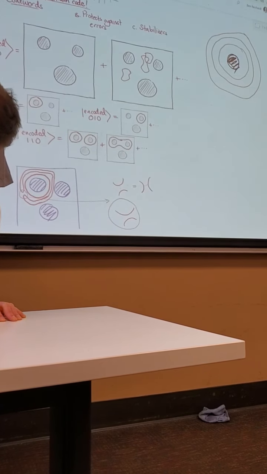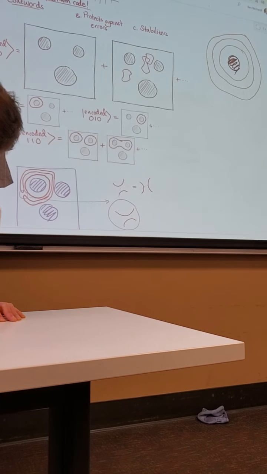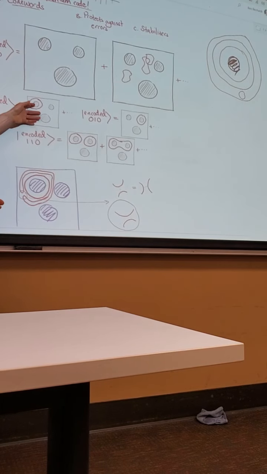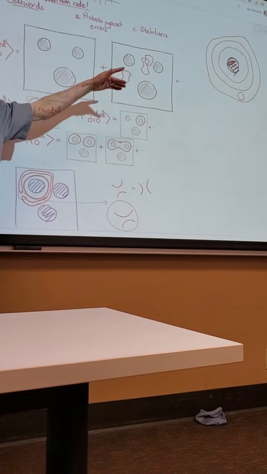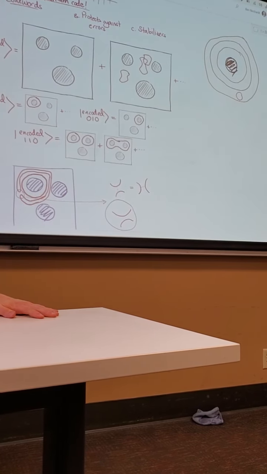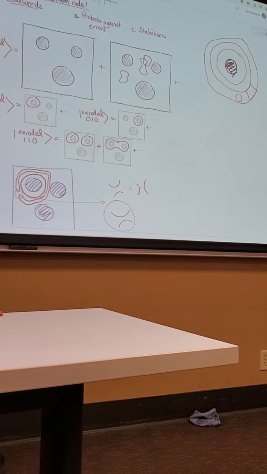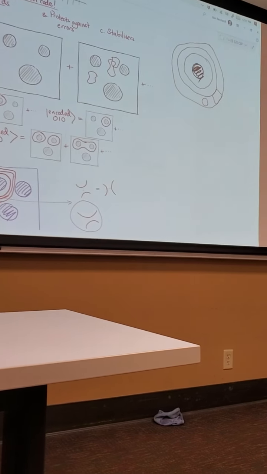What I can do is I can add another cycle that doesn't change anything, because the superposition is over all pictures. So I can add a cycle there, and then I can add a cycle that goes like this. And that will cancel out. I need a better eraser. How do I get a better eraser?